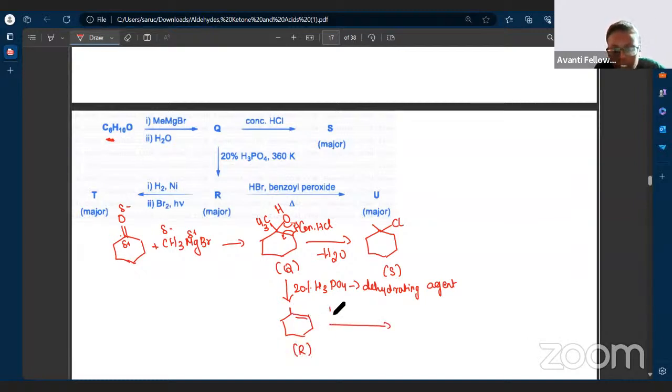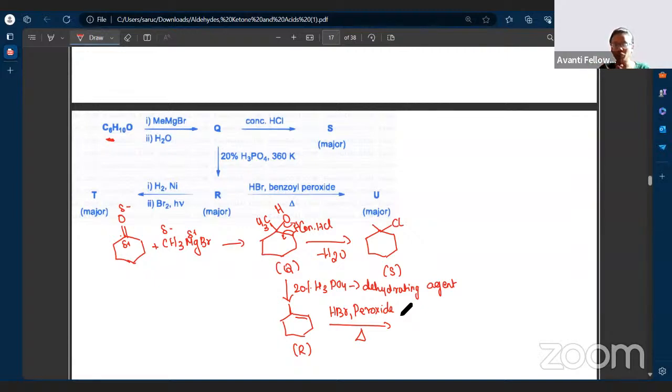Now R on reaction with HBr. Here peroxide is there. So what rule will it follow? When peroxide is there and you have a double bond, addition reaction will happen. So what is the product you'll be getting? You have an alkene, you have HBr and peroxide.